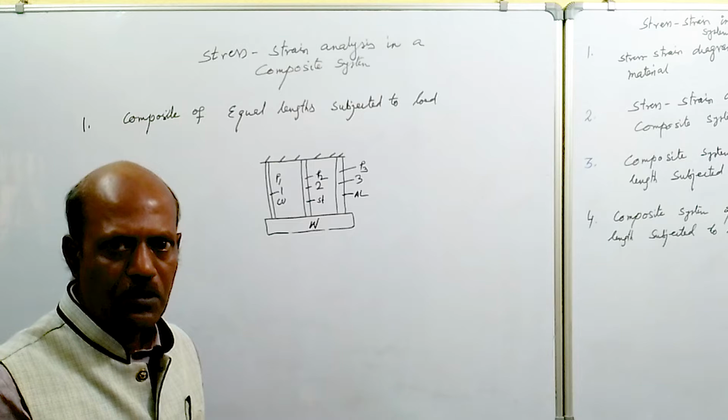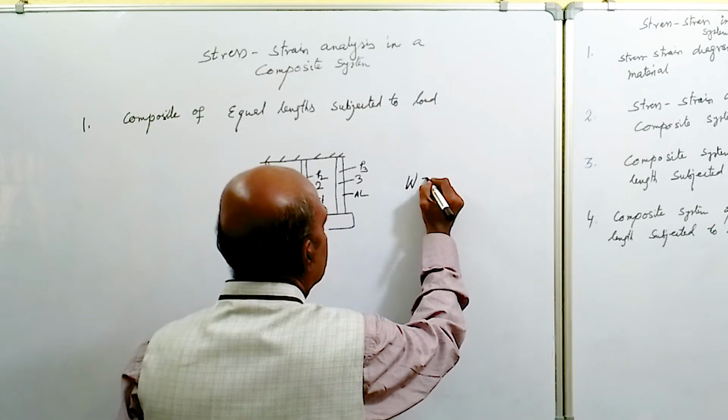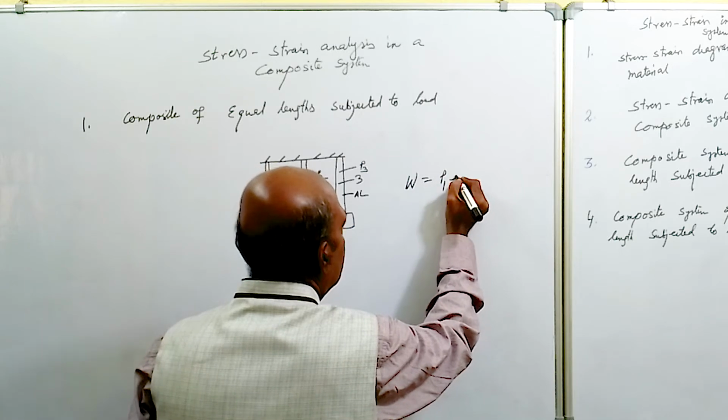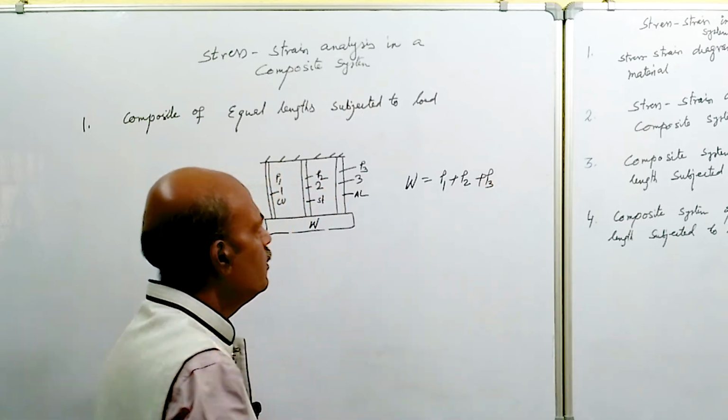So the first equation of equilibrium we can write easily, that is W is equal to P1 plus P2 plus P3.